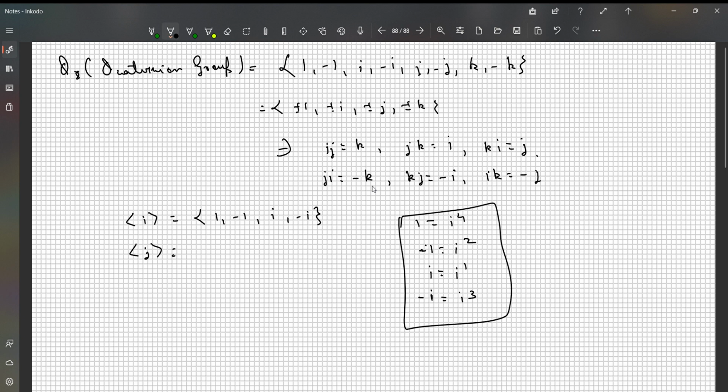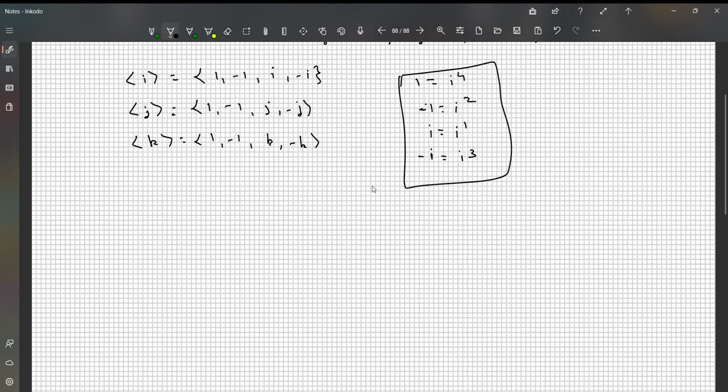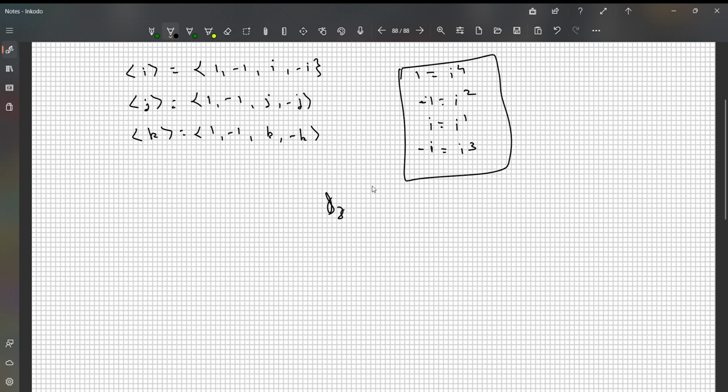On a similar basis, you can form the cyclic group generated by j, which consists of the elements 1, minus 1, j, minus j, and the one generated by k, which is 1, minus 1, k, minus k. And obviously you can notice that these are the only possible immediate subgroups of Q8, right?